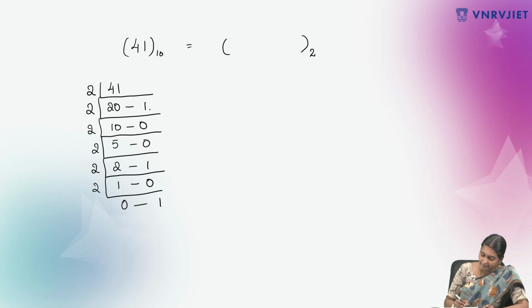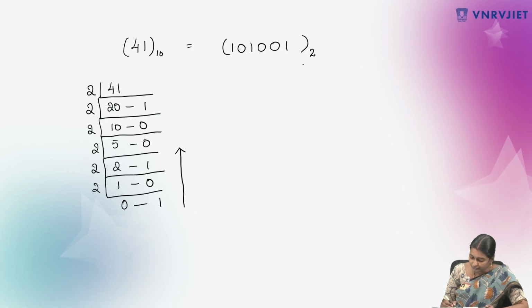These are the remainders when we divide 41 by 2. We write them from bottom to top: 1, 0, 1, 0, 0, 1. So this is how we convert a decimal number to a binary number. We divide the number by 2, write down all the remainders, and accumulate them from bottom to top.